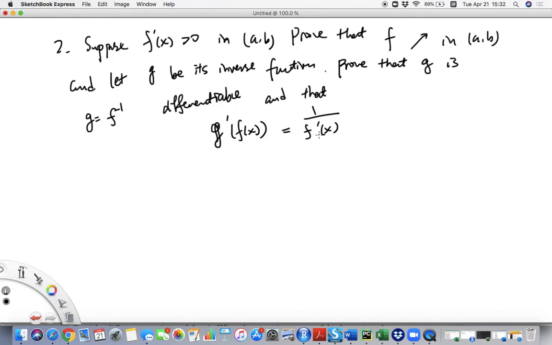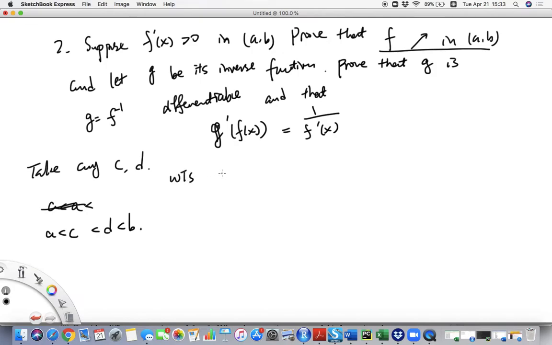So how do we do this? Let's do the first part first. That is, f is increasing. Take any c and d with a less than c, less than d, less than b. What we want to show is f of d is greater than f of c.